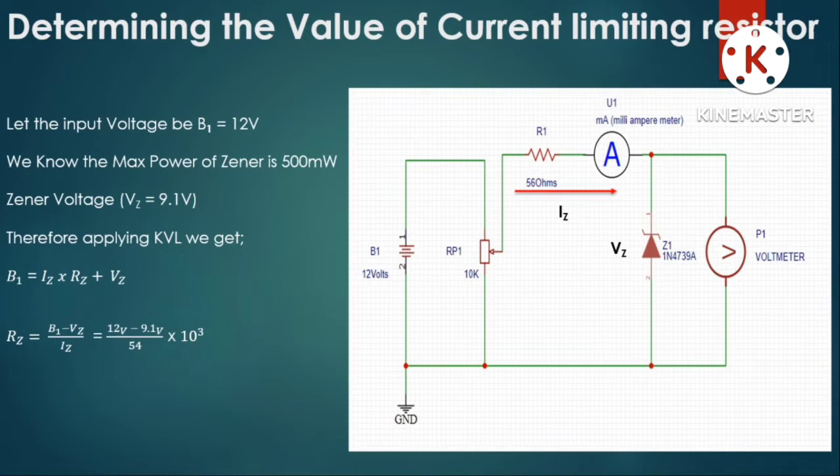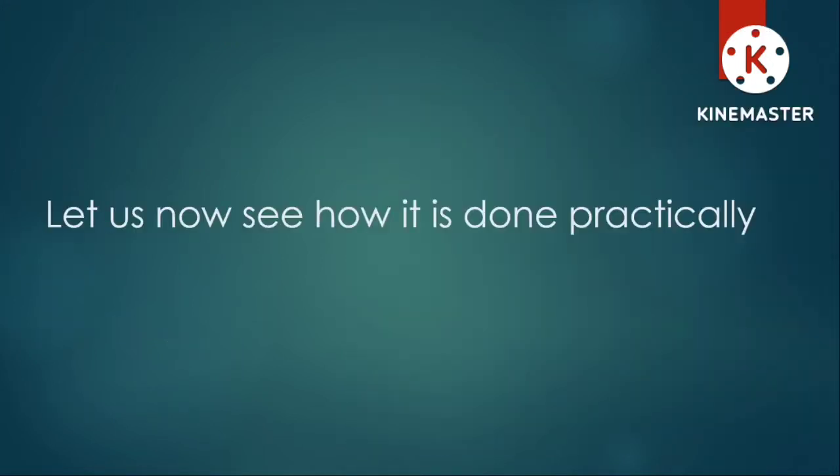So computing this, we can get the value for RZ. If we carefully calculate this, we'll get around 53.70 ohms, and since 53.70 ohms is not practically available, we can approximate that to 56 ohms. So now let's see how it is practically done.